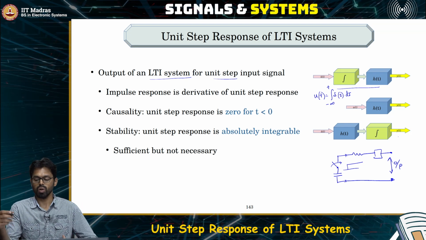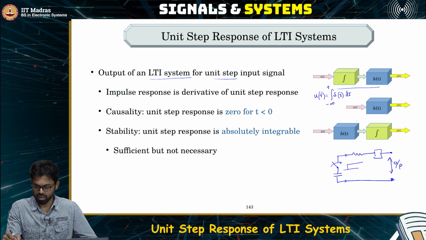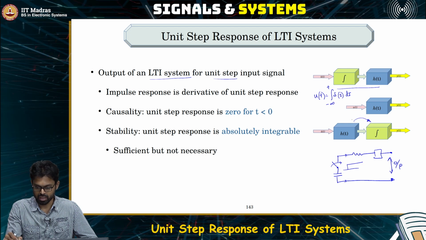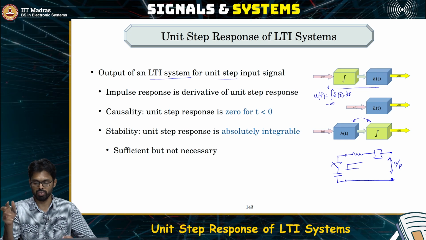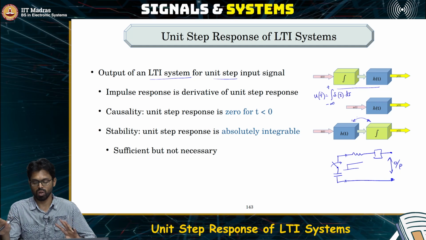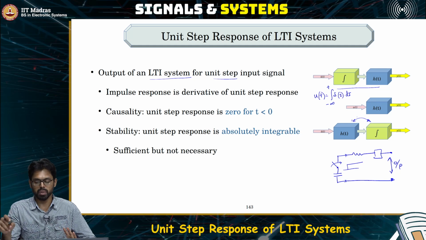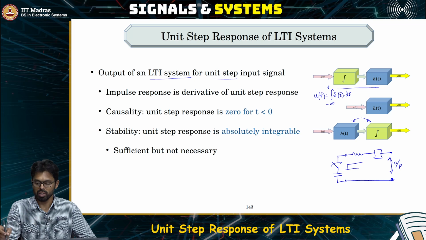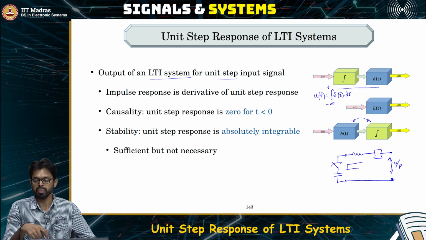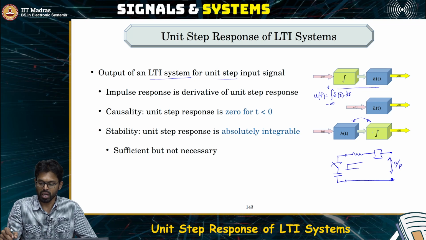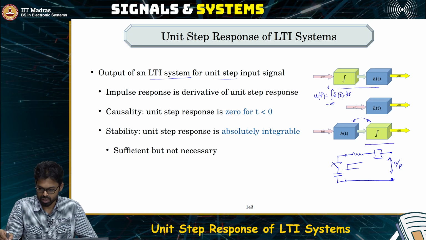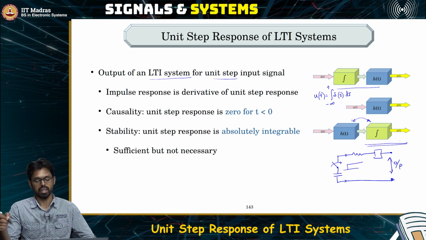Because the integrator is also an LTI system, you can change the order of the systems. Remember, this is what we saw earlier. When you have two LTI systems, and as long as the outputs are stable, you can just change the order. So we have changed the order here, and as you can see, the output is now coming from the integrator itself.